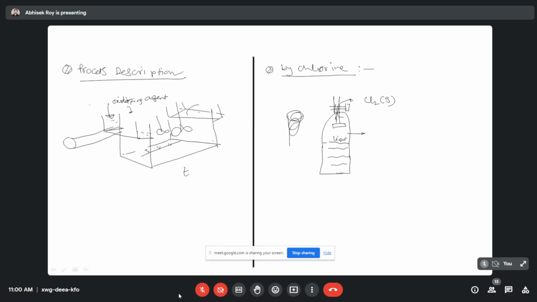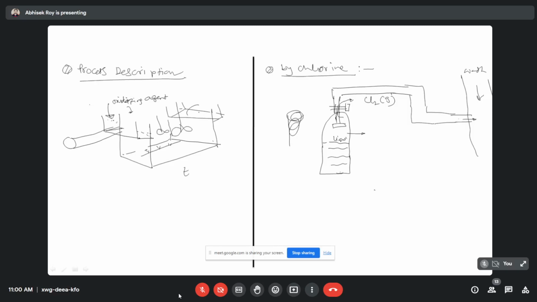As a gas, it will flow through the tubes or pipes, and say this is the water pipe or the waste pipe, and you are injecting the chlorine gas here. So chlorine gas will be injected at some point in the waste.